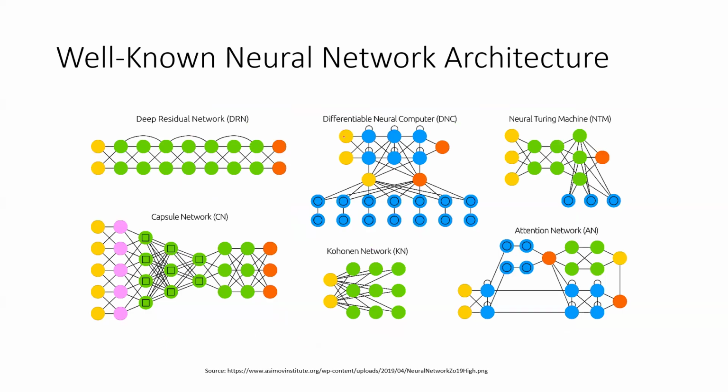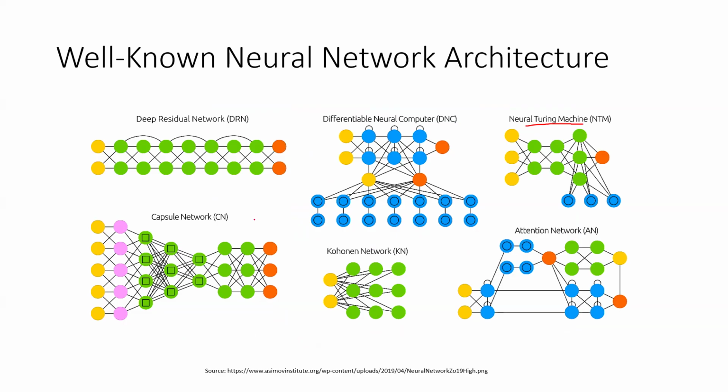Deep residual network, differentiable neural computer. Instead of using distinct layers, we can model it as a continuous function and perform the learning. And there's another form known as neural Turing machine, where we are mapping everything.